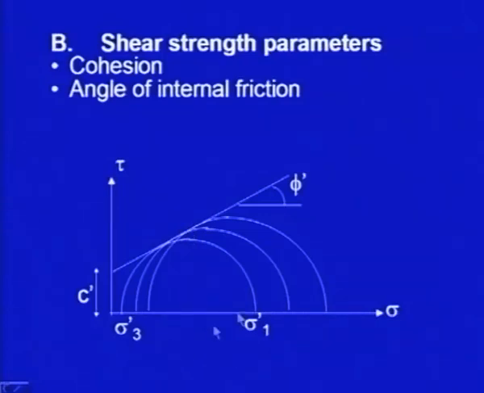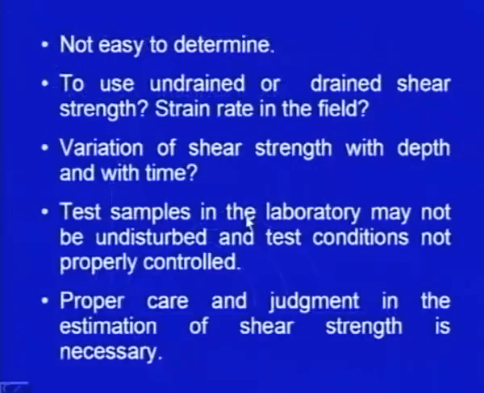And a point above it is not possible, because you cannot have shear stress exceeding shear strength. So, we will be using these shear strength parameters. They are very important: cohesion and angle of internal friction.